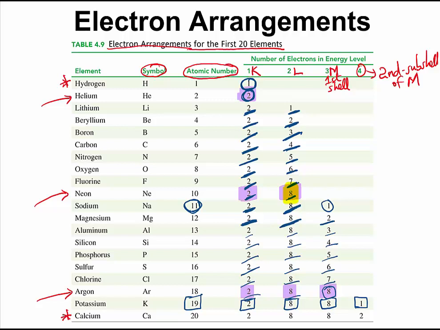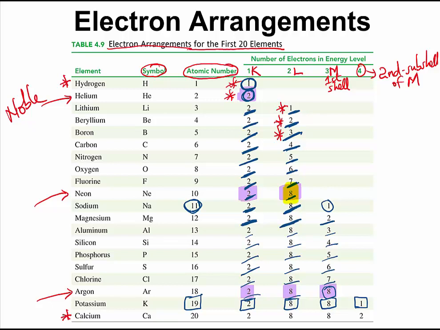That is why they do not participate in chemical reactions. They do not want to give out electrons. They do not want to take in electrons. And they do not really want to share electrons. And that is why they are called noble gases.